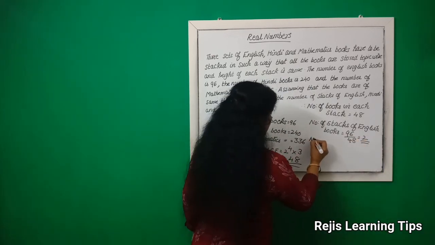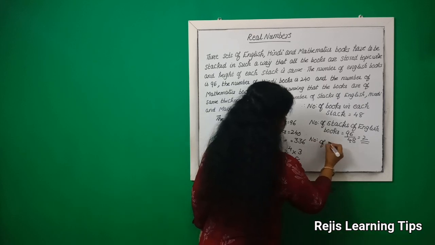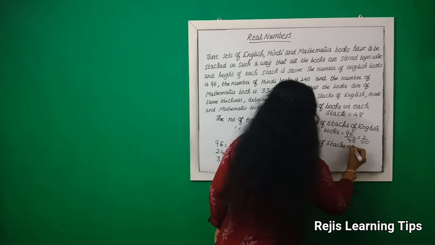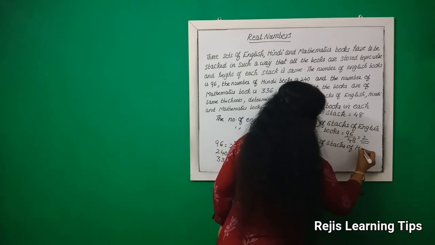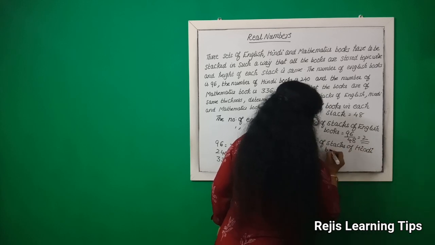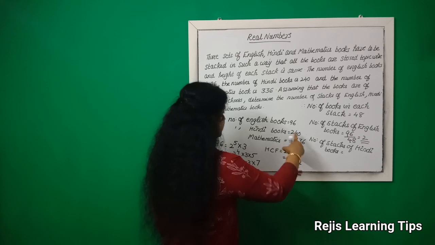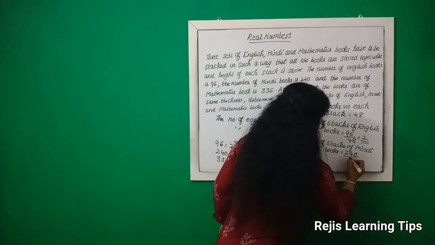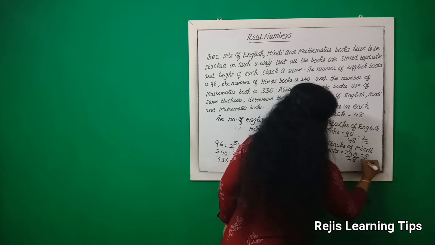The next, number of stacks of Hindi books is equal to 240 divided by 48, that is equal to 5.